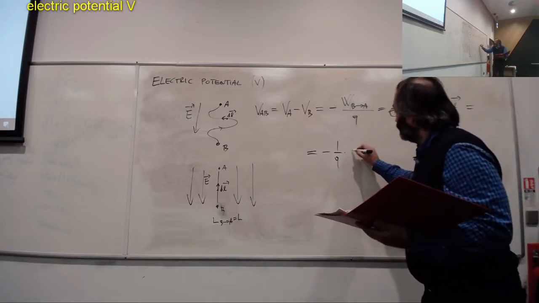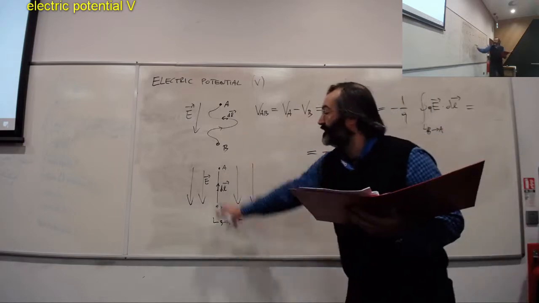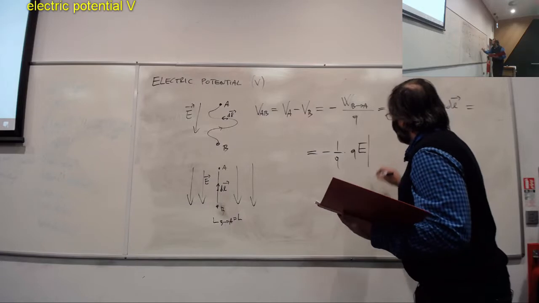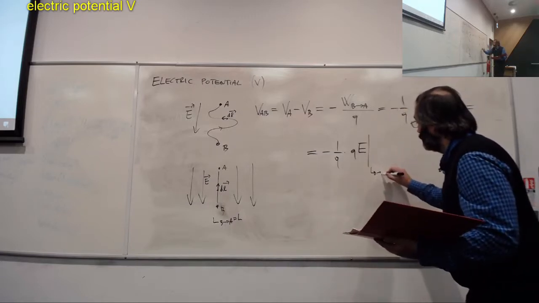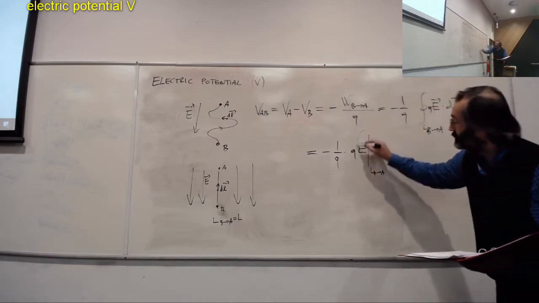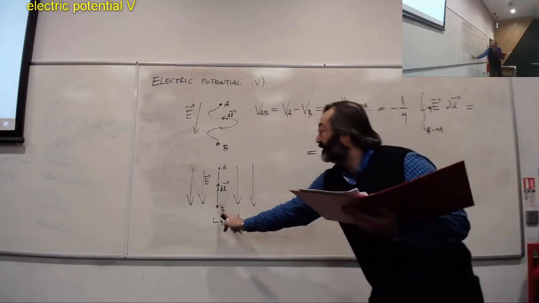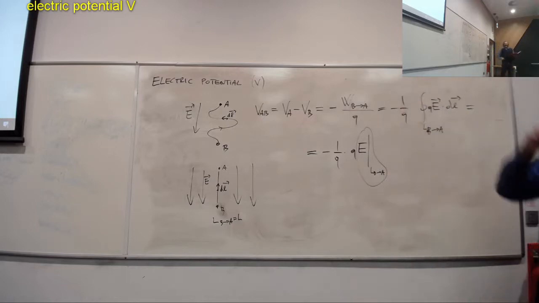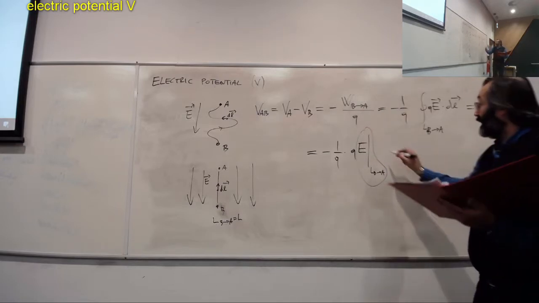We don't need to do integrals because this is all very simple, uniform. This is the component of the electric field along the path with this direction. Imagine this as an x-axis, for example, or a y-axis, and so on. So the component along that direction, times the length.